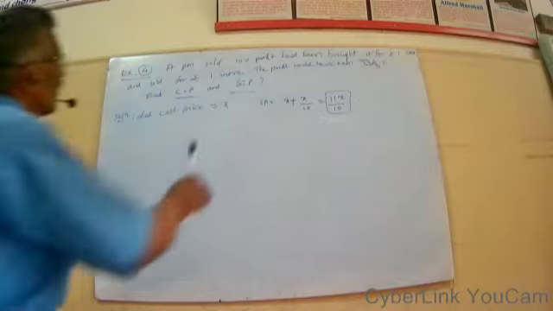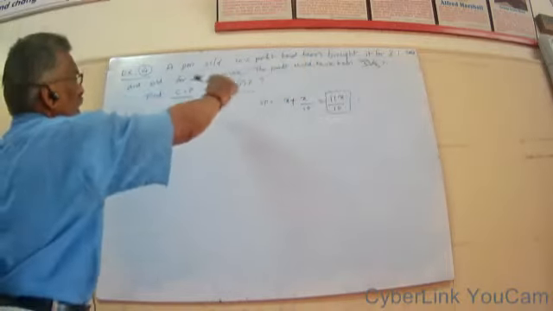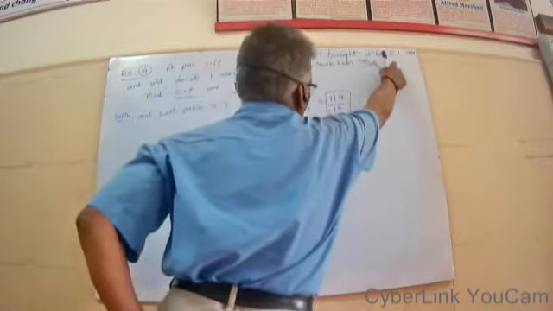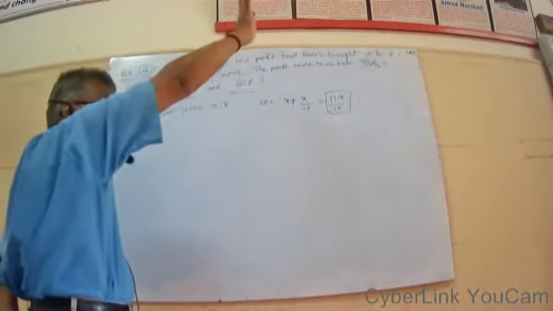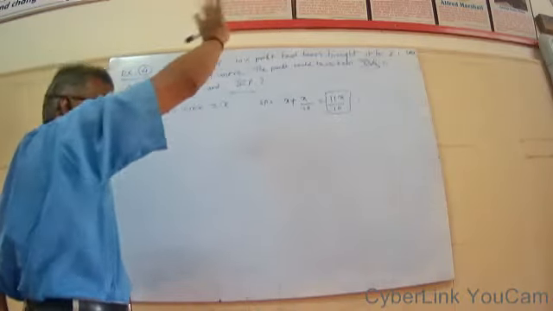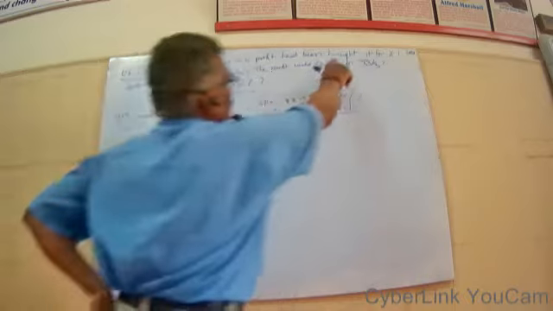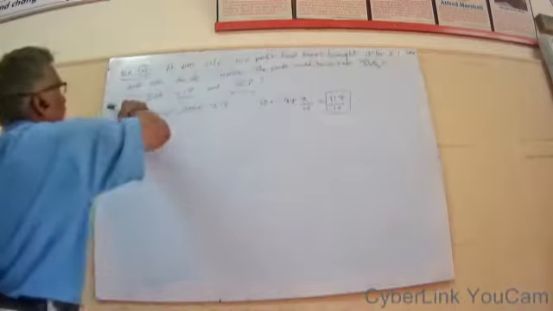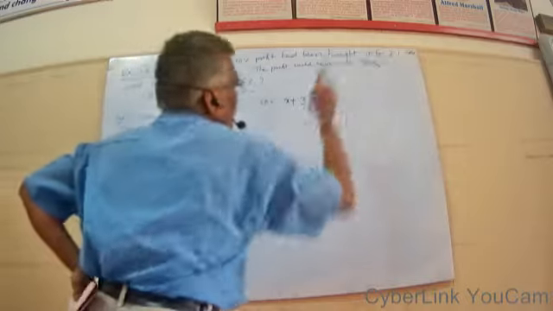Now it is said that the cost price is 1 rupee less. Instead of selling at 10% profit, if we bought it for rupee 1 less and sold it for 1 rupee more, then the profit would be 33 1/3%.